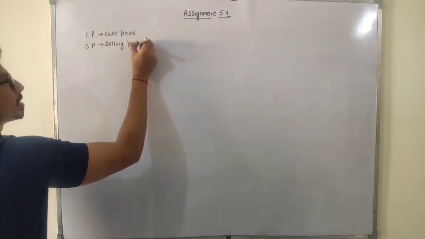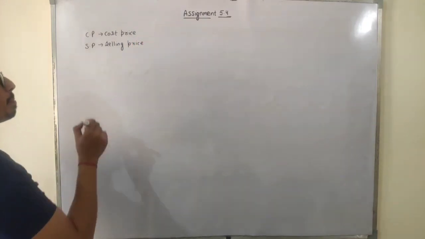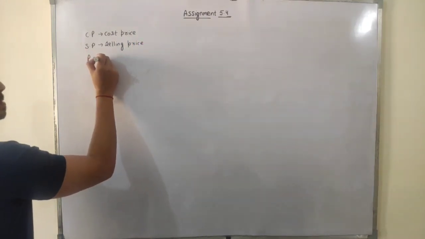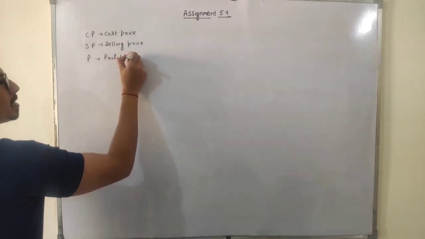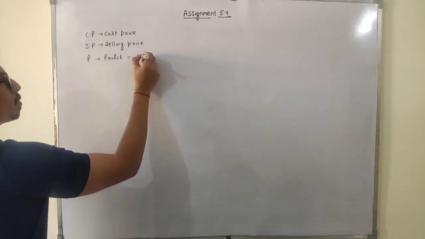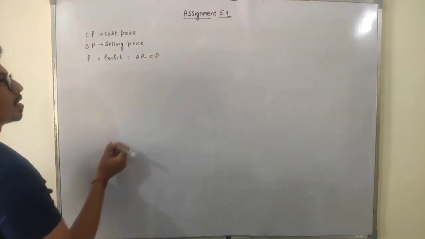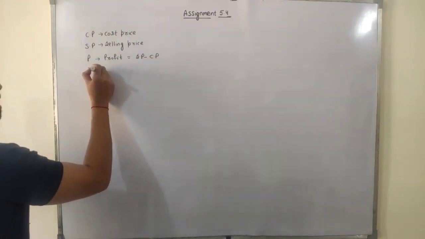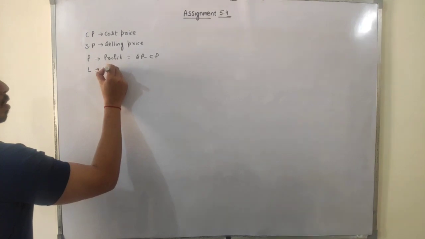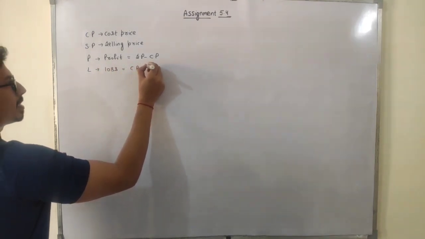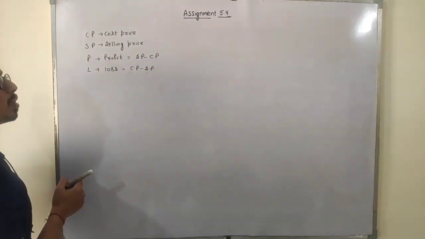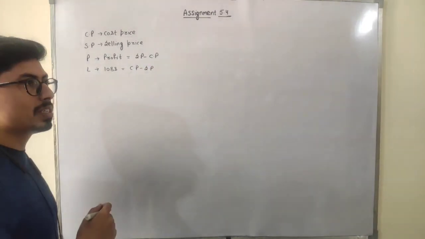P means profit, and profit is equal to selling price minus cost price. Capital L I will use for loss, and it is equal to CP minus SP. These are the terms that I am going to use, students.